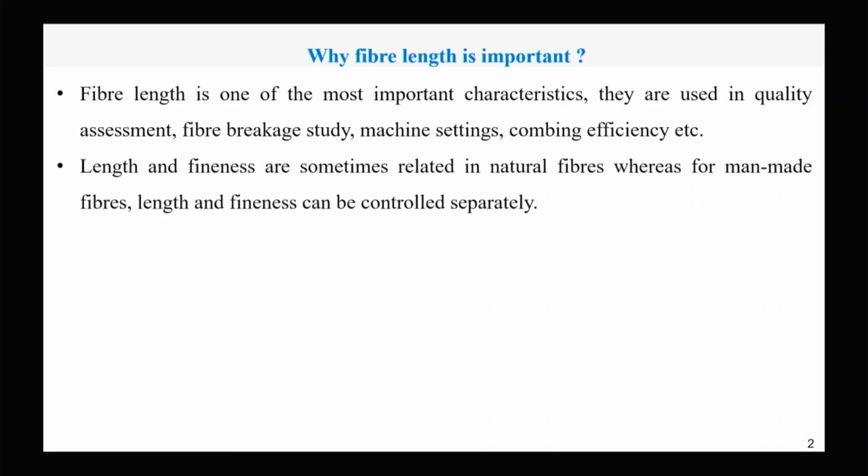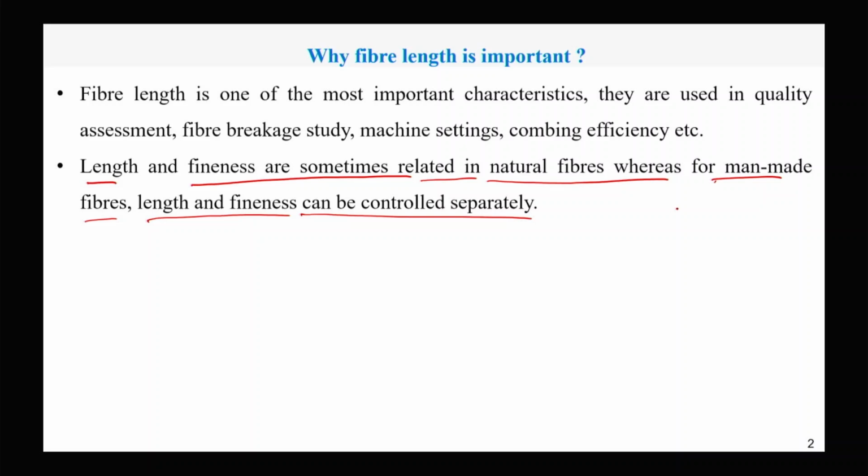So next characteristic is that the length and fineness are sometimes related in natural fiber, whereas for man-made fibers length and fineness can be controlled separately. So that's also one important parameter.